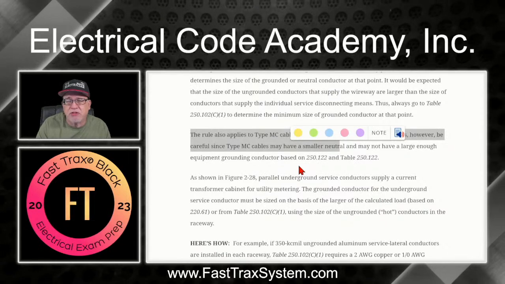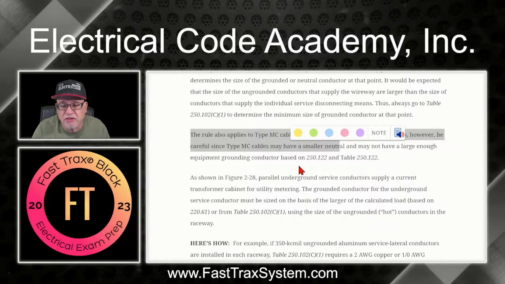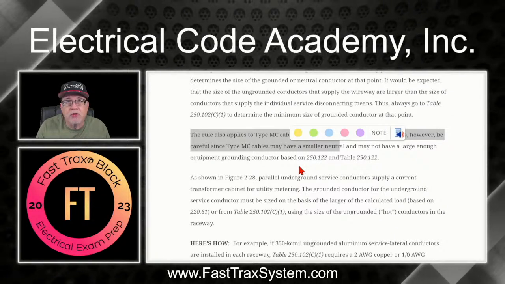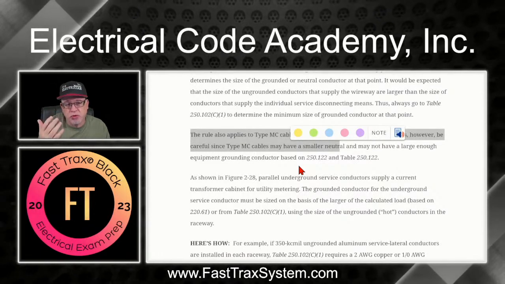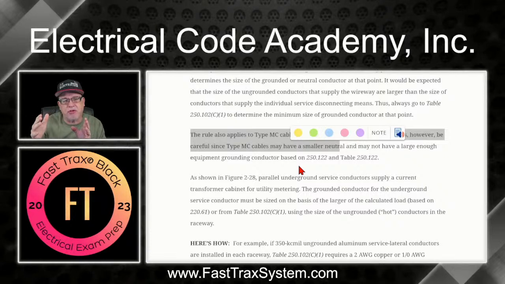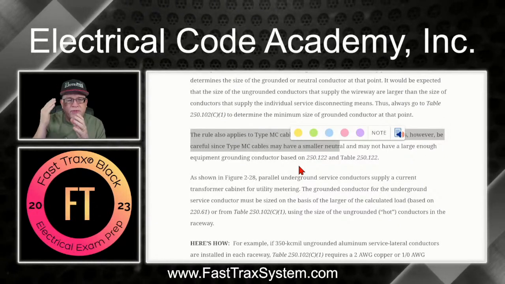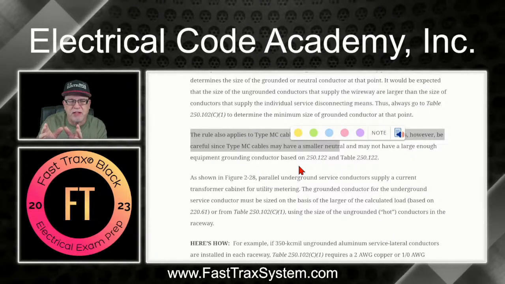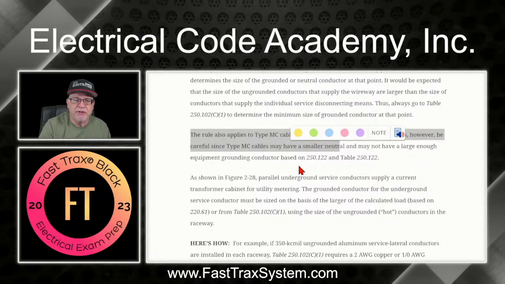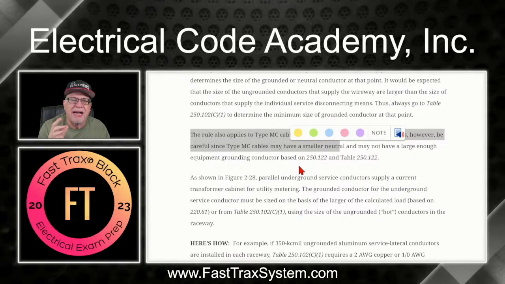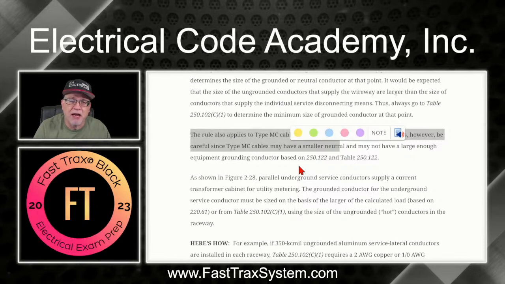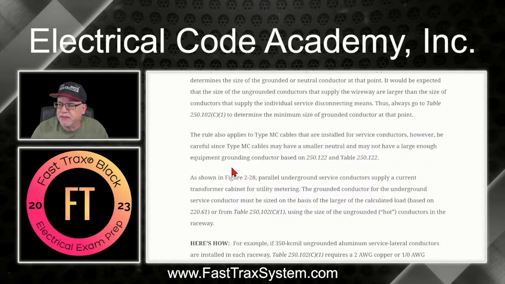So that means you're going to have a special MC cable or a special tray cable made to do this, or you're going to have to utilize some allowances in 250.122(F)(2), where you're running parallels in a cable tray, for example, or raceways, whereas you get to run one full-sized equipment ground and you get to use the other undersized equipment grounds in each cable together, to allow you to use off-the-shelf MC or tray cable. Okay, this is just a reminder: when you're sizing it, don't just go buy a cable and assume that the grounded conductor or even the equipment grounding conductor is properly sized. Just be careful when you're buying off the shelf, okay?